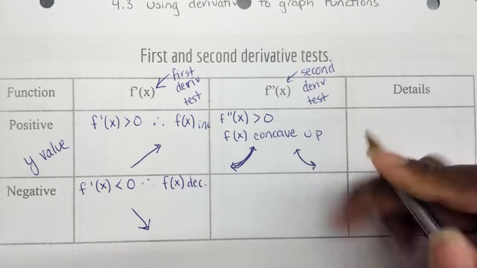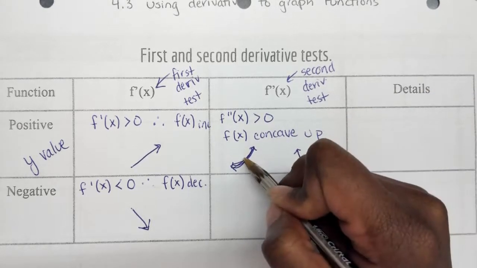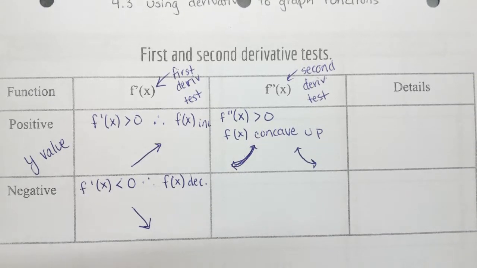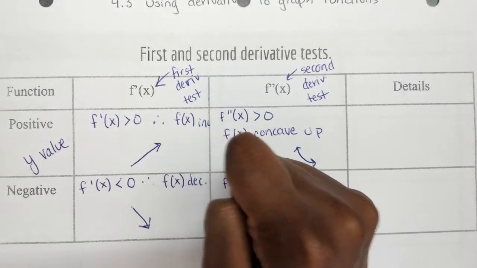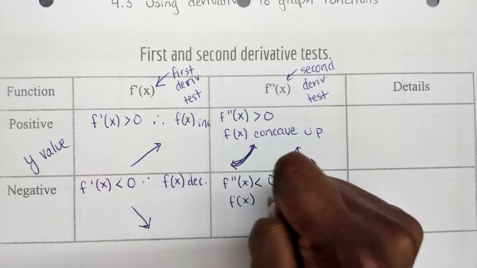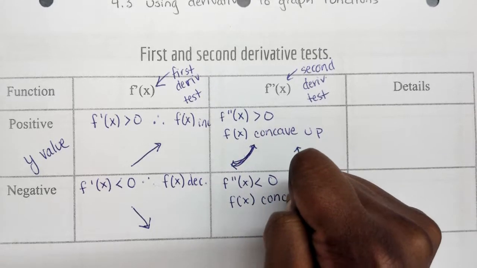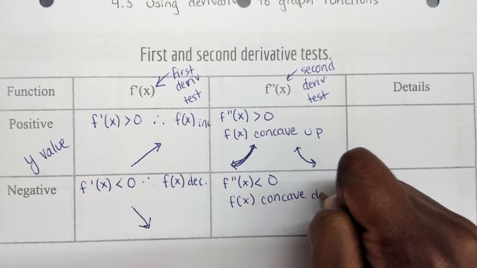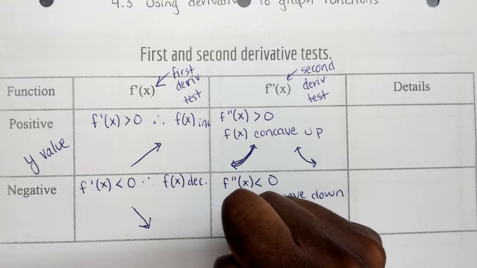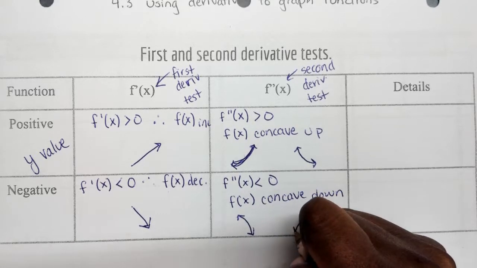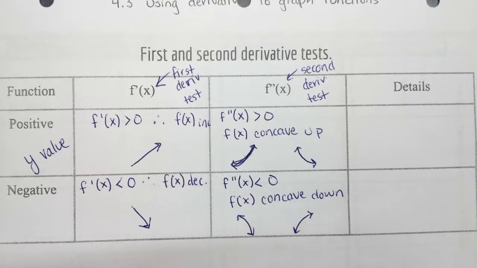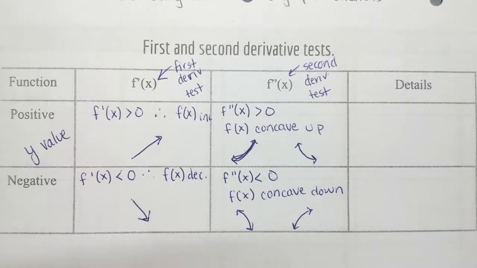Okay, the point is that the curve in our graph is facing upwards. If f double prime of x is less than 0, then f of x is concave down. So that can look like that, or it can look like that. In this case, our curves are opened downwards.